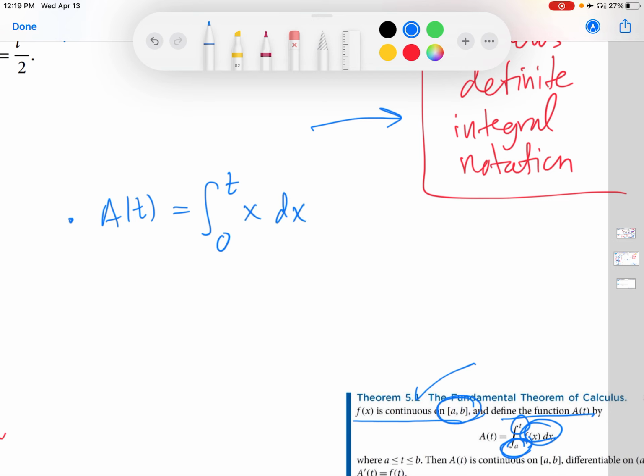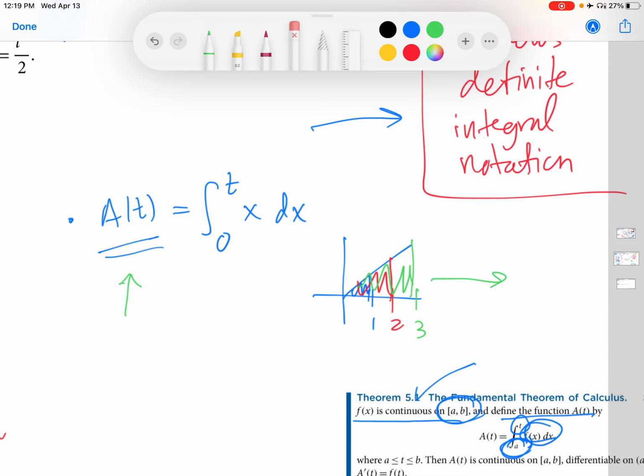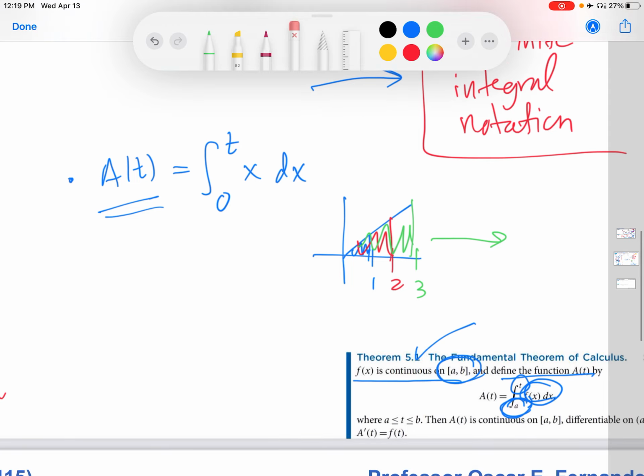Sometimes you may see this function called the accumulation function, because as t ranges, if t is 1, you get this area. If t is 2, you get this area. If t is 3, you get this area, right? So the area is kind of accumulating. You may hear that word for this type of definite integral. Okay, so we have defined that function.